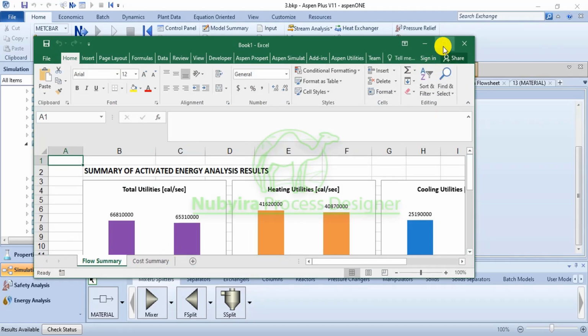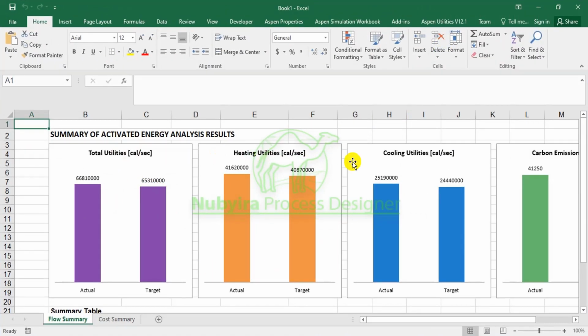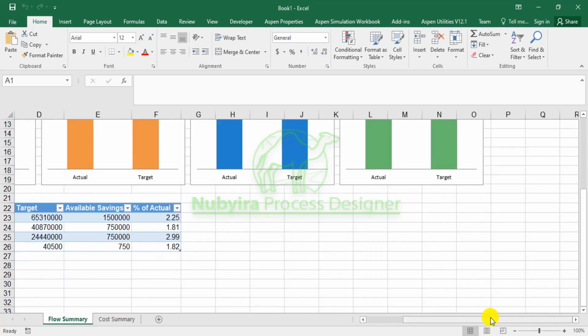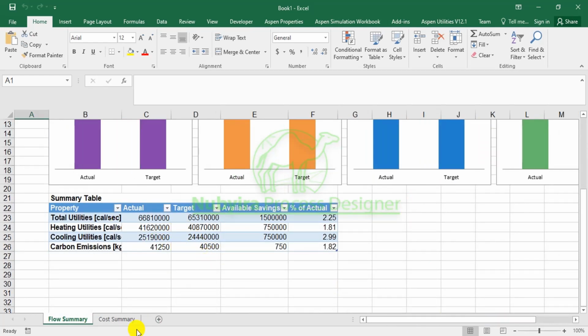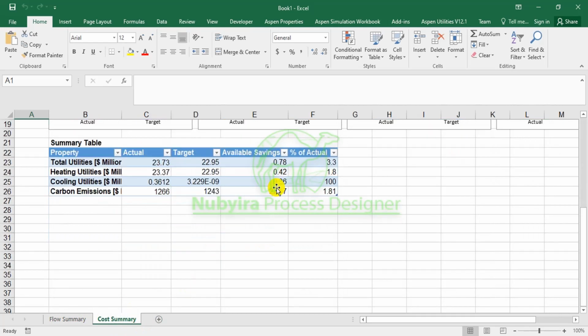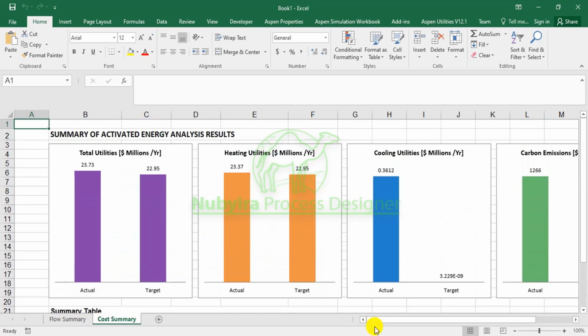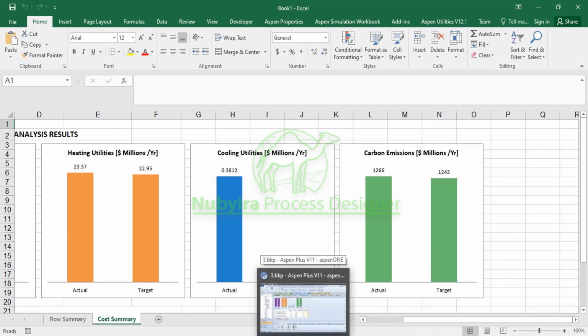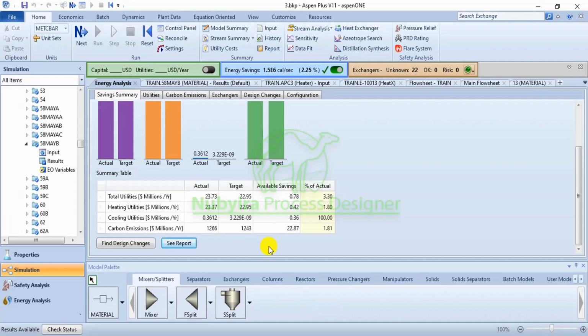Okay, so the report has been generated. So you have the total utility, cooling utility, and everything. If you want to do any other calculation, you can do it. So you have the cost in dollars and everything for the summary of the heat exchanger network design and integration with Aspen Plus.